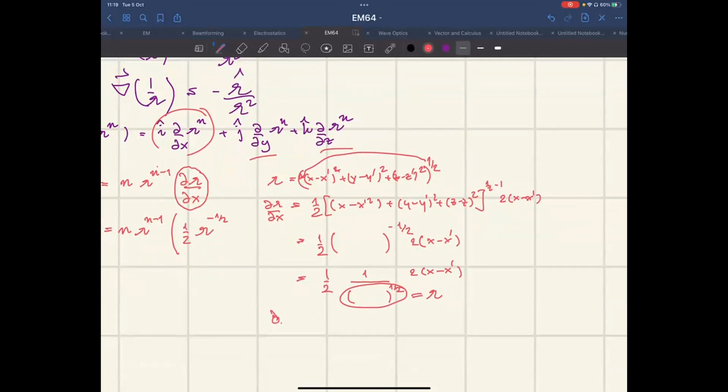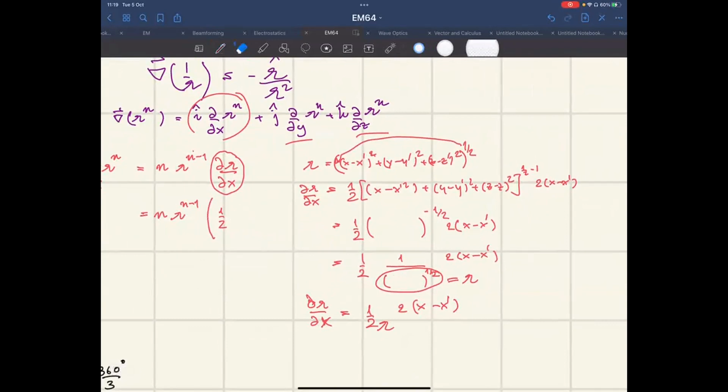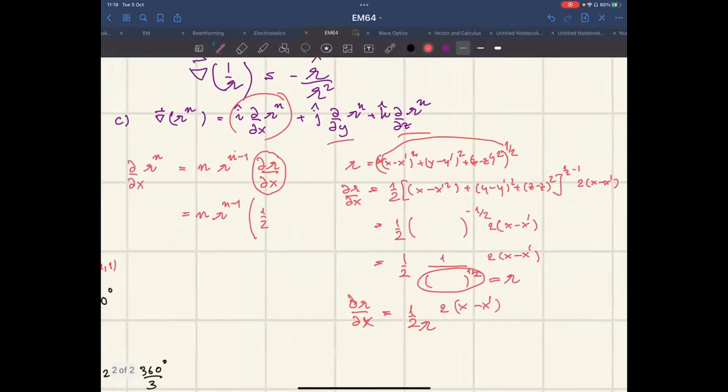Therefore, dr by dx here is equal to 1/2 r and 2x minus x prime here. Okay. Any questions? So this one is not right. It should be equal to 1/2 r here and 2x minus x prime here. Any question?